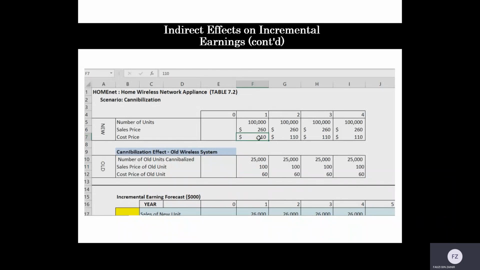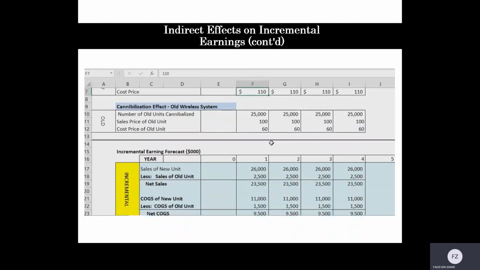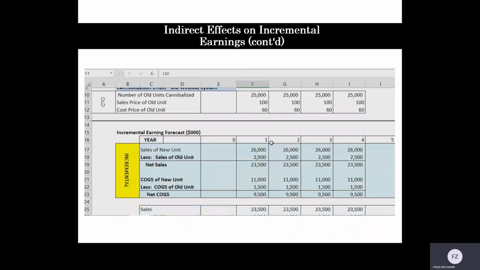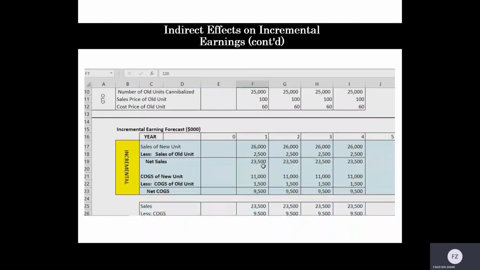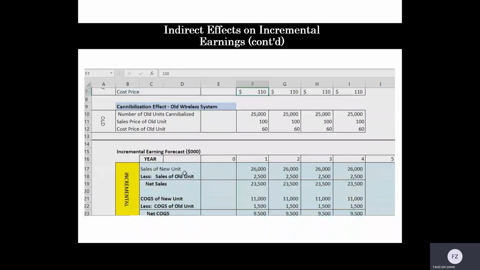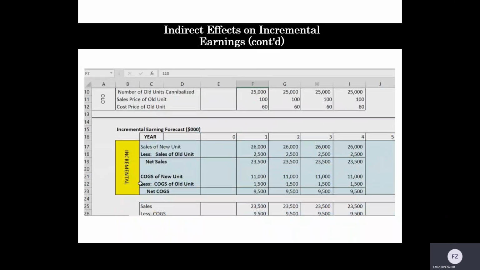So from all these numbers, we are able to reflect the new dollar amounts. If you look here, we'll also look at this part where it says incremental.